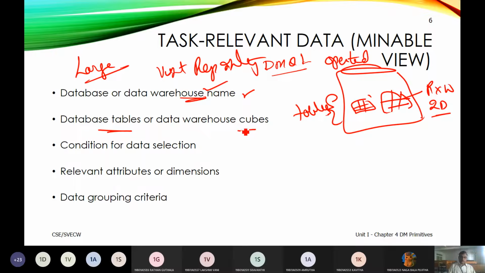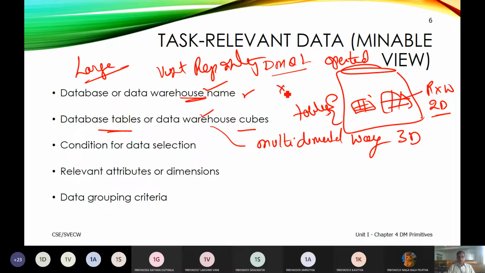When we talk about a data warehouse, it is represented in a multi-dimensional way. This is the first difference why people migrated towards the data warehouse. In databases, we have the contents in a two-dimensional way, but in a data warehouse we represent things in a cubical, three-dimensional format.